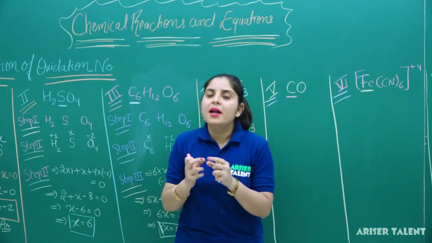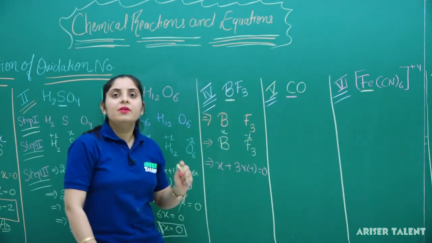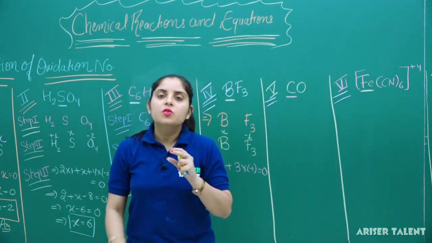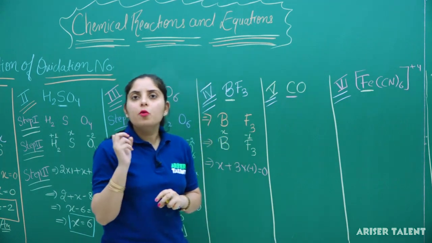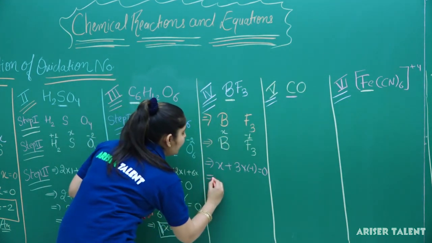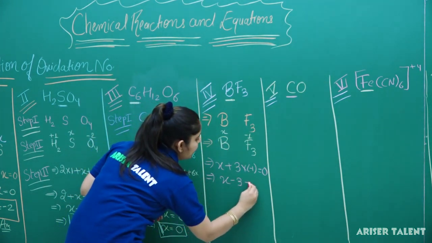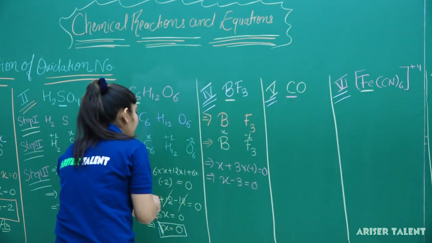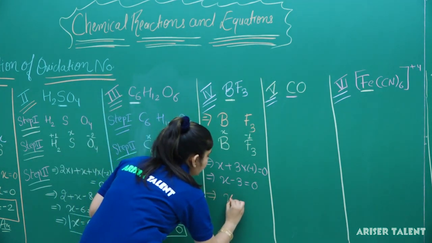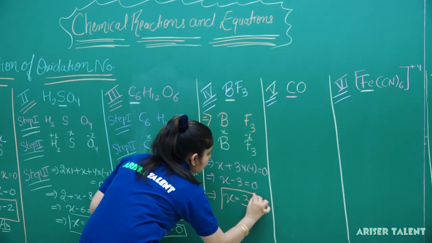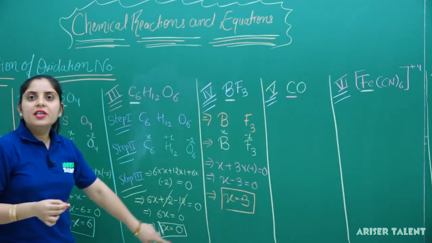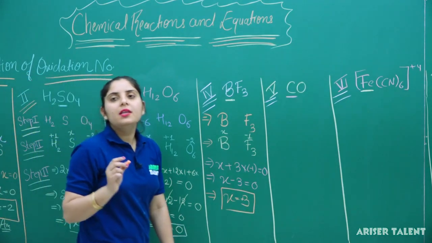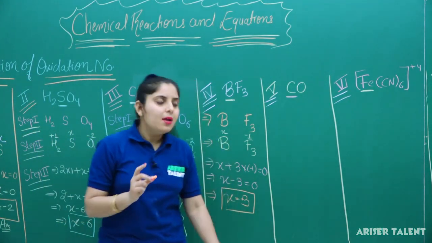Because we are provided with 3 atoms of fluorine, so we have to multiply 3 with -1, because the oxidation state of fluorine is -1. So we will get X minus 3 equal to 0, and in our last step we will get X equal to plus 3. It means the oxidation state of boron in case of boron fluoride will be plus 3.